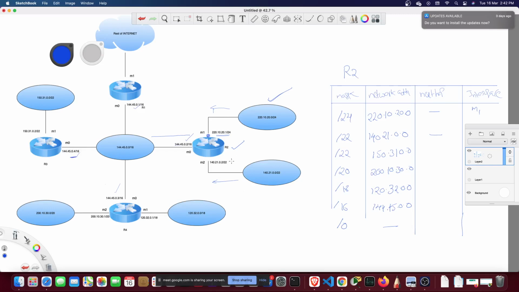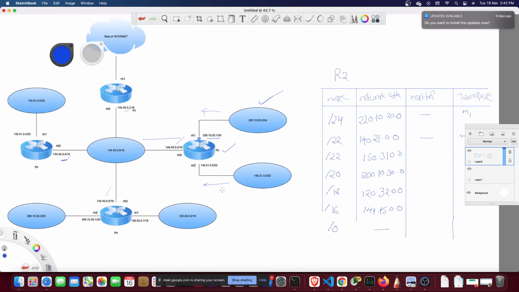No. Next stop means next station. This is the router. This is the router sending.